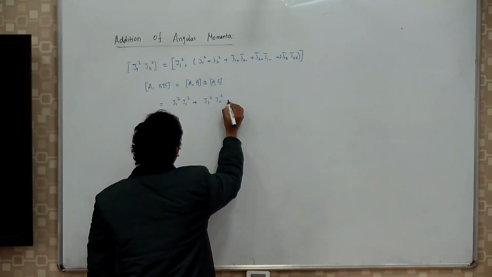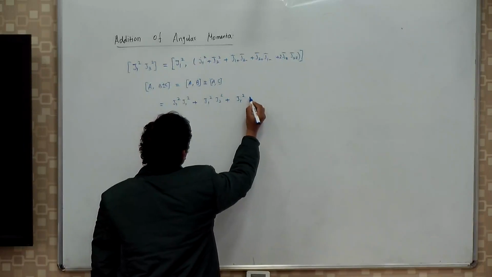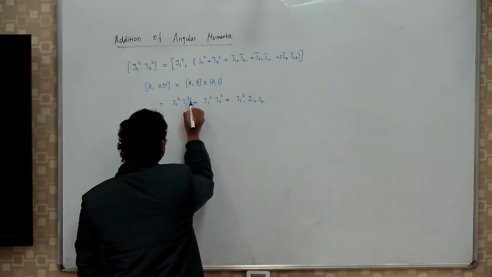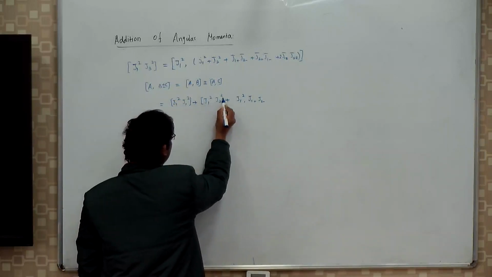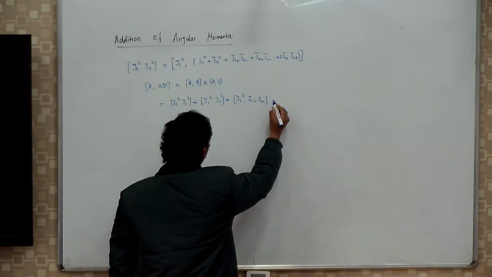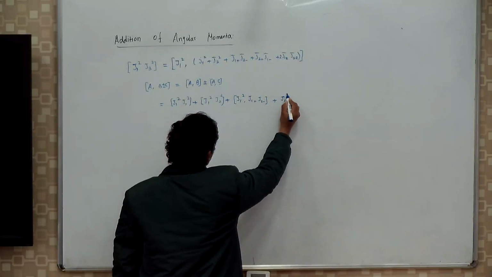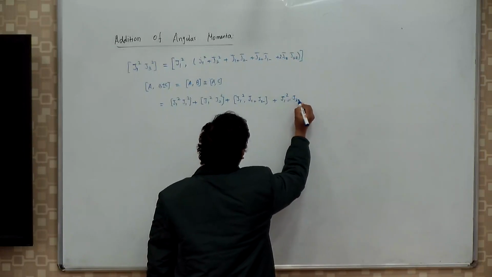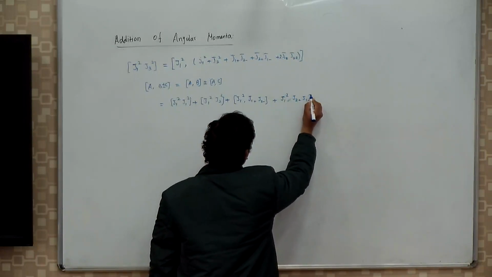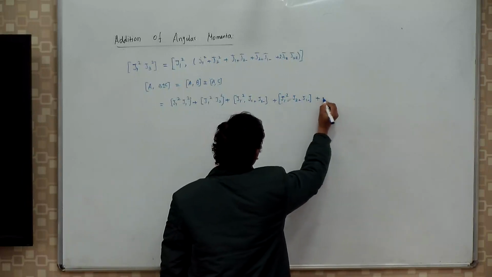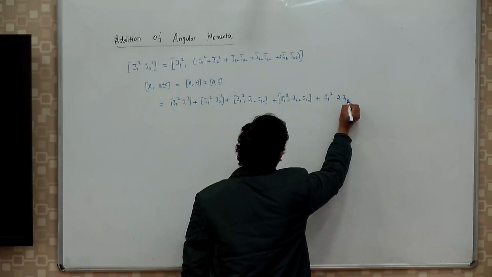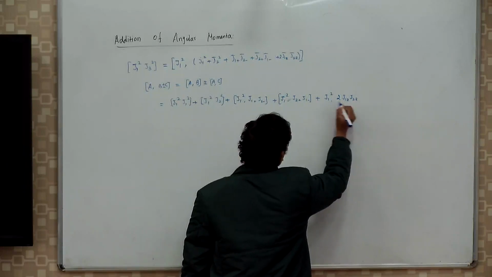Then plus J1 squared commute with J1 plus J2 minus, plus J1 squared commute with J2 plus J1 minus, plus J1 squared commute with 2 J1z J2z.